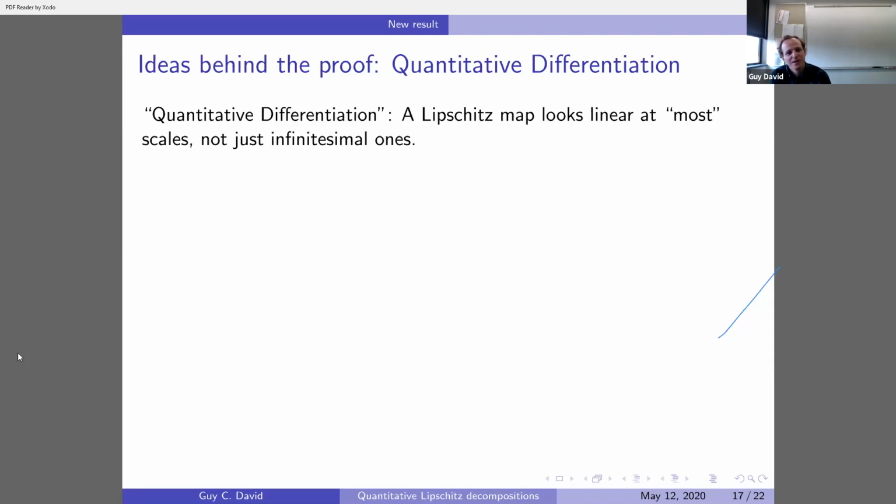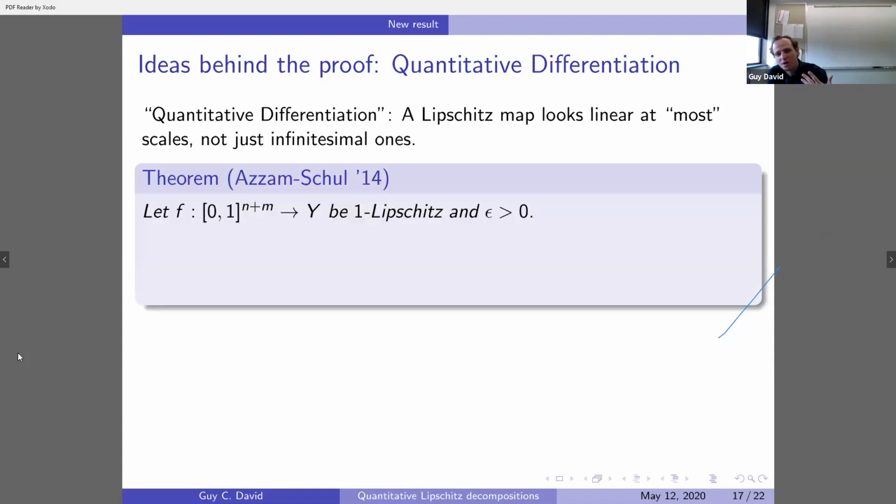Rademacher's theorem says Lipschitz maps, at least on Euclidean space, look linear when you zoom in at a generic point. Quantitative differentiation says actually a Lipschitz mapping looks linear at most scales. So you should treat all scales the same, and at most scales, a Lipschitz mapping already looks linear. So how do you make that precise?